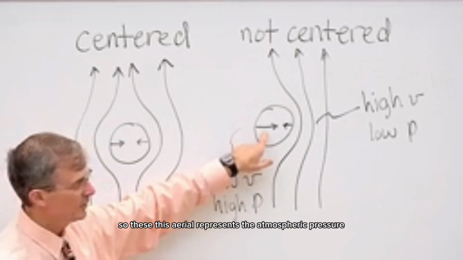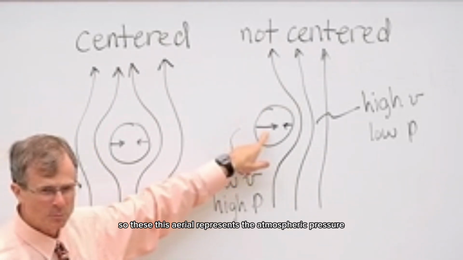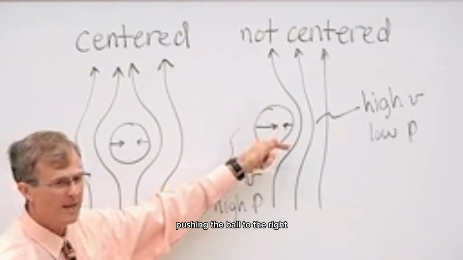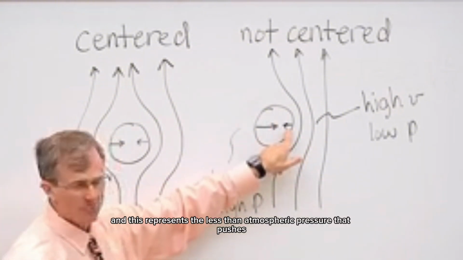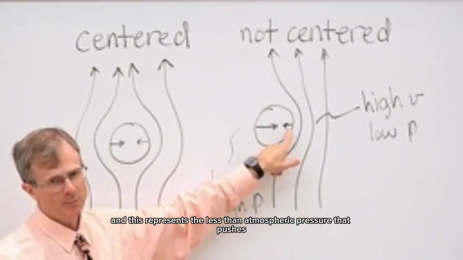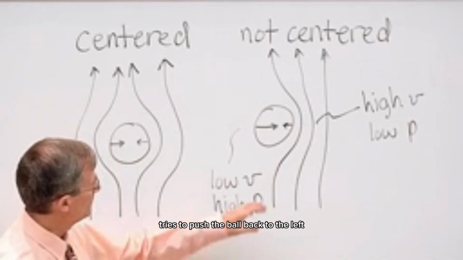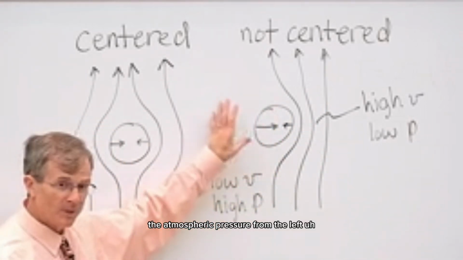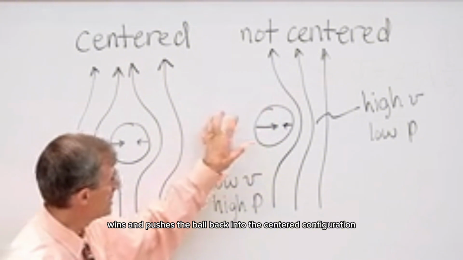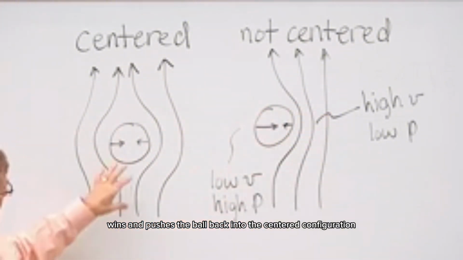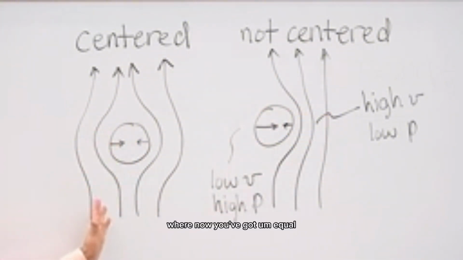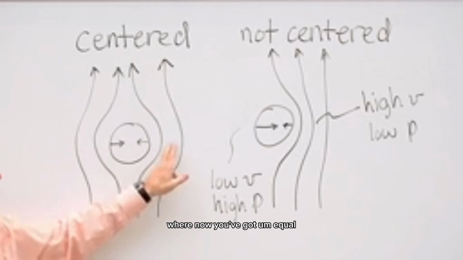So this arrow represents the atmospheric pressure pushing the ball to the right, and this represents the less than atmospheric pressure that tries to push the ball back to the left. The atmospheric pressure from the left wins and pushes the ball back into the centered configuration, where now you've got equal.